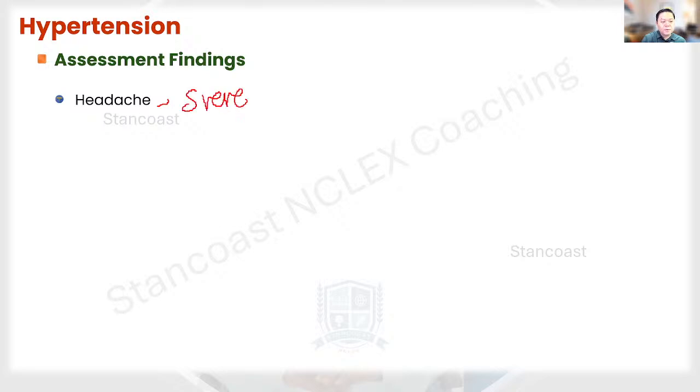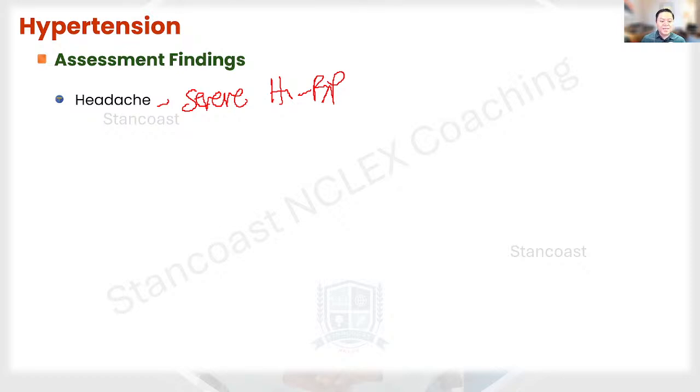Severe high BP. Okay. And the reason, of course, is the increasing pressure, vasoconstriction, okay, in the brain. So they're going to end up with some nausea along with it.